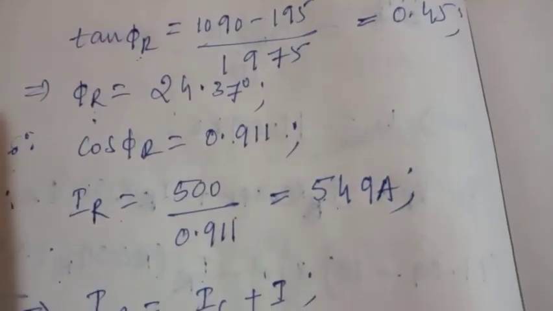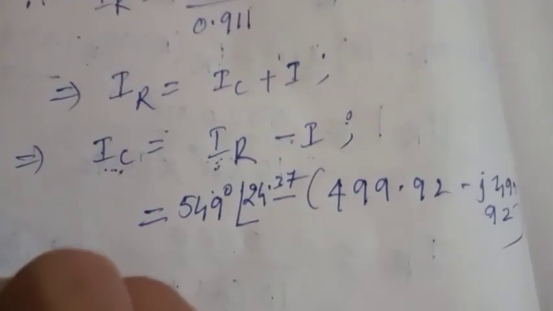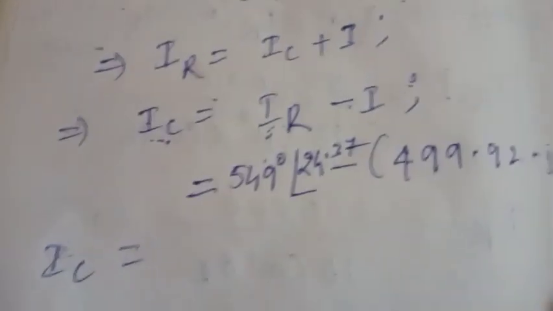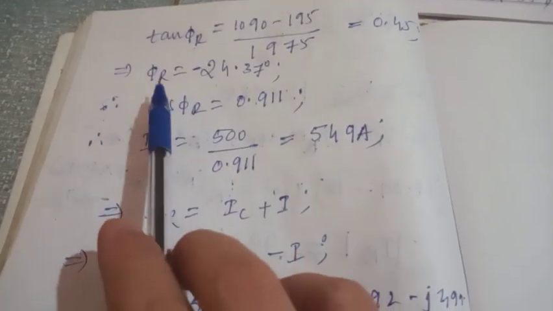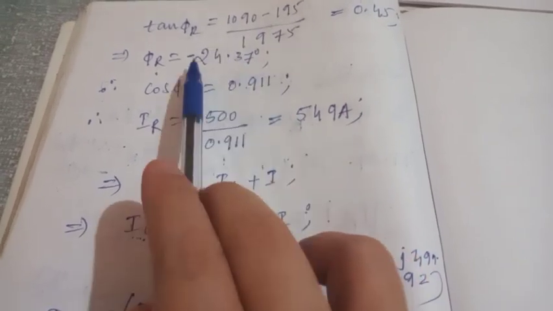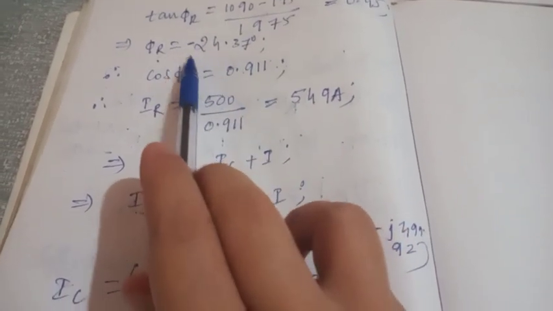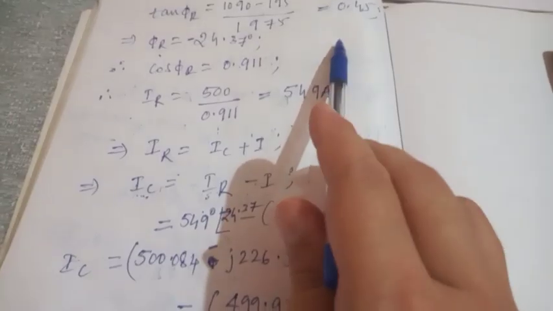So now here also one mistake I have made: the angle is not plus 24.37, it is minus 24.37, because it is lagging and we are taking VR as reference.